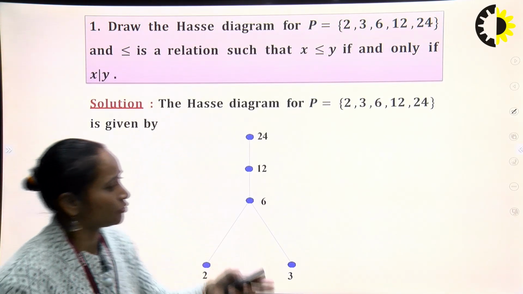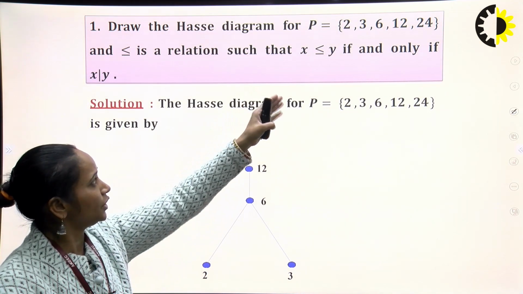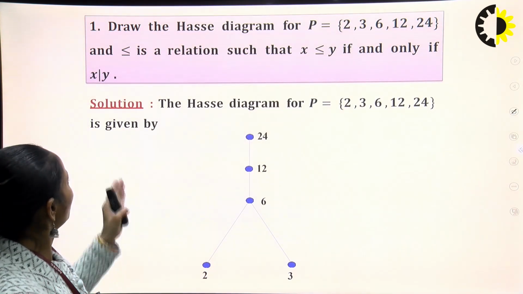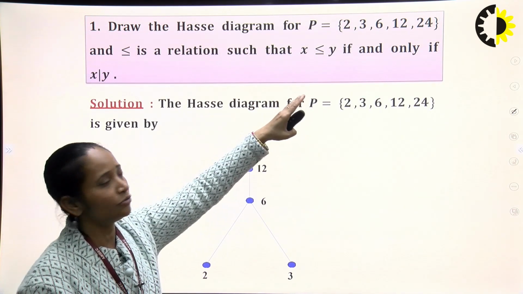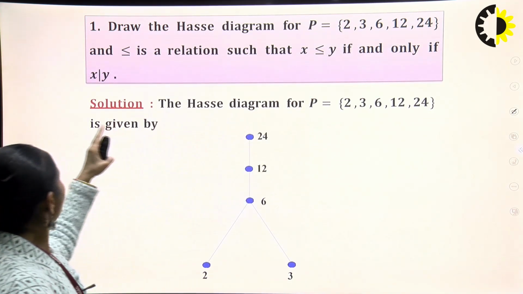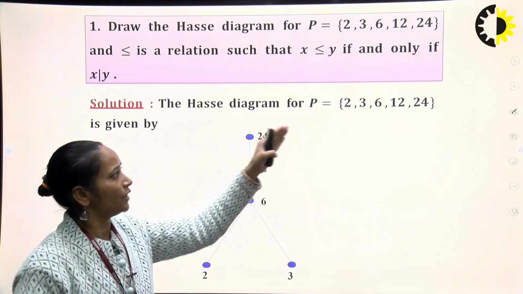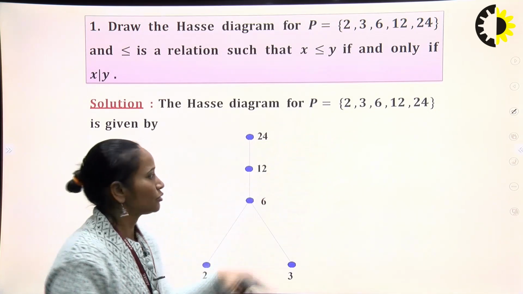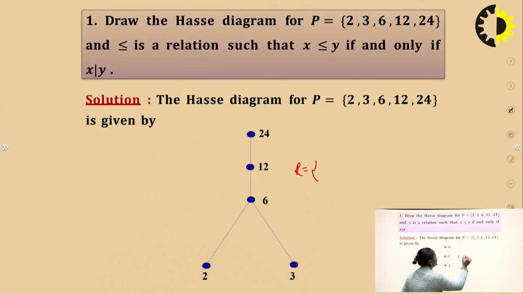Suppose this is the question: draw the Hasse diagram for P equal to {2, 3, 6, 12, 24} with the relation given that X is less than or equal to Y if and only if X divides Y. The relation is X divides Y, and this is the set. In the relation, what elements will we consider?